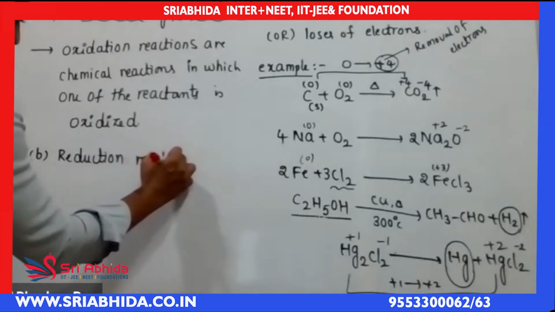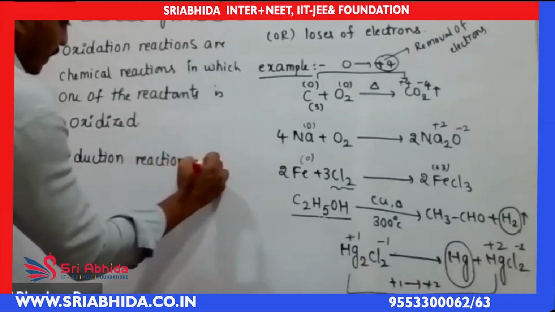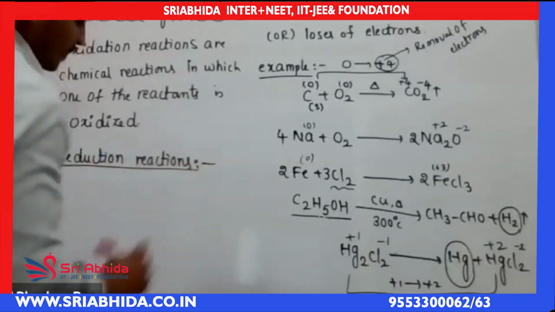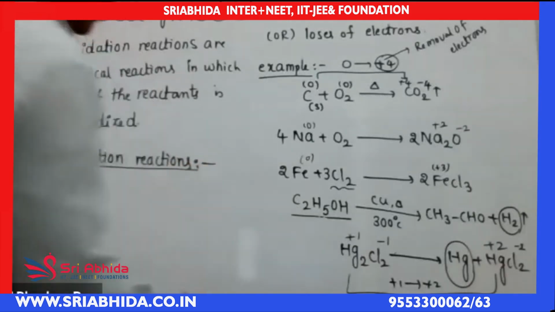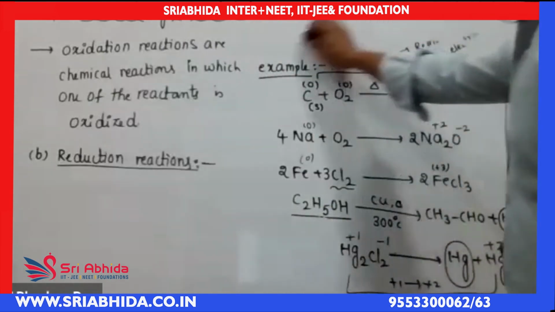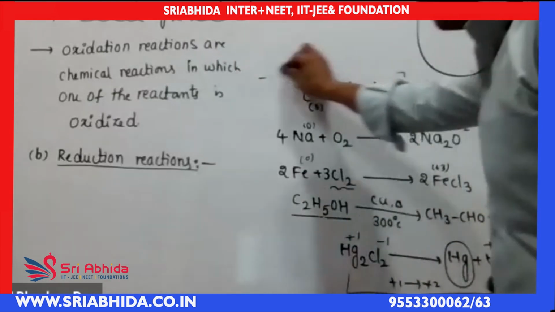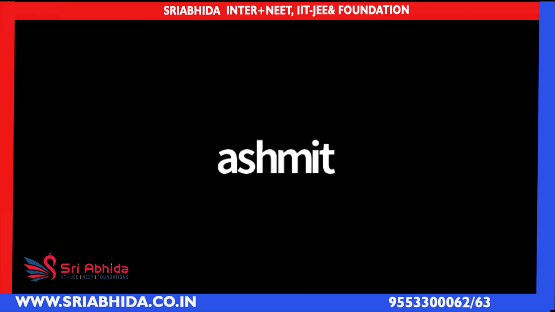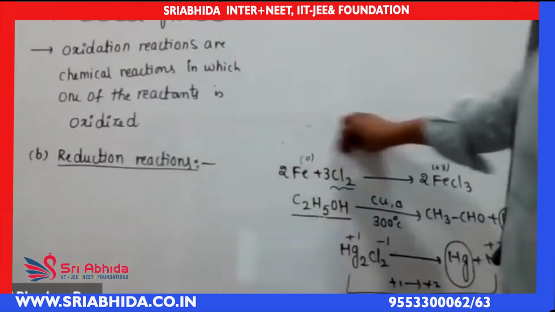Reduction reactions. So what is the meaning of reduction reactions? Reduction means the same as before, but opposite. In oxidation there was addition of oxygen, but in this case addition of hydrogen is called reduction, right?